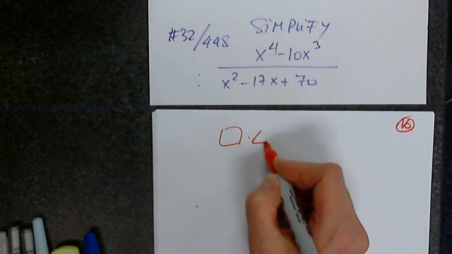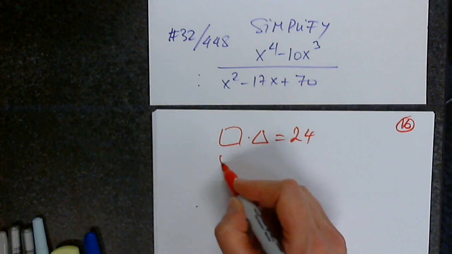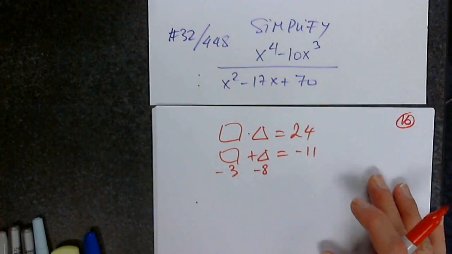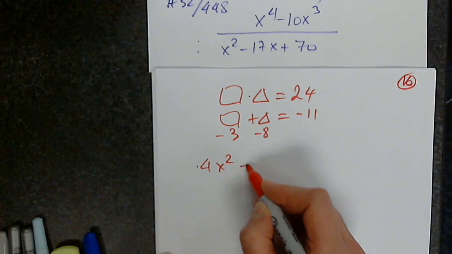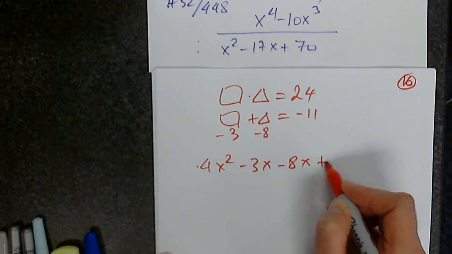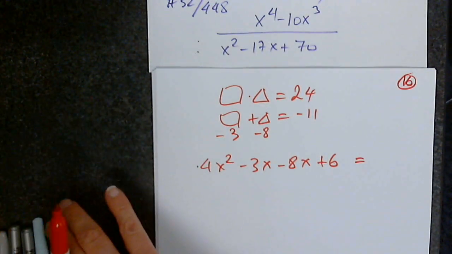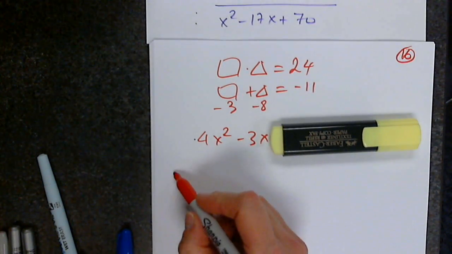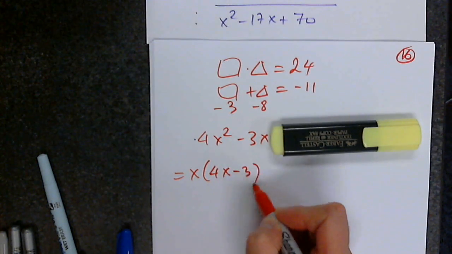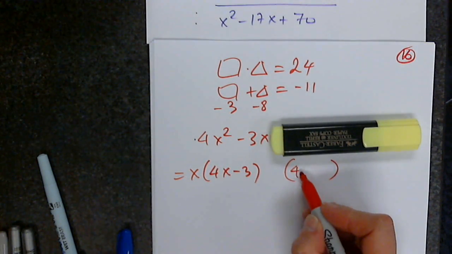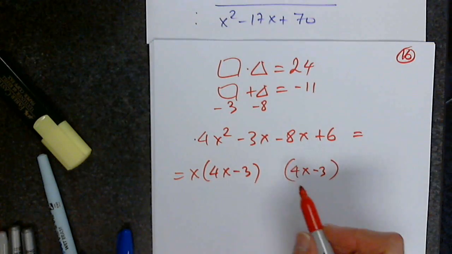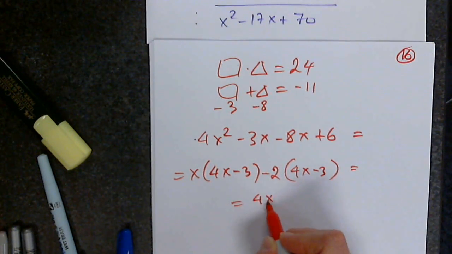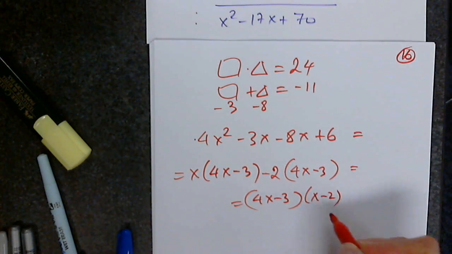Negative 8, negative 3. So indeed 24. And the sum is negative 11, negative 8 and negative 3. Excellent. So then 4x squared minus 3x minus 8x plus 6 is x times 4x minus 3, and then 4x minus 3. Careful. Negative. Good. So then this is indeed 4x minus 3 and x minus 2.